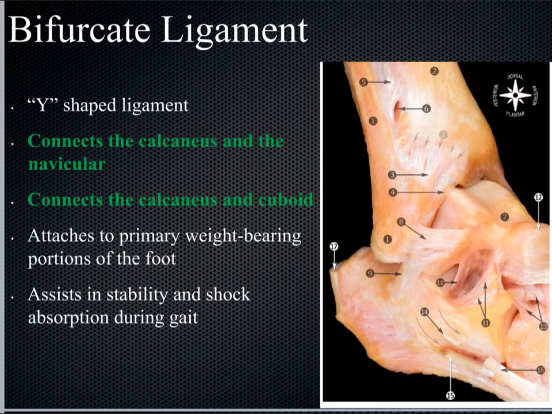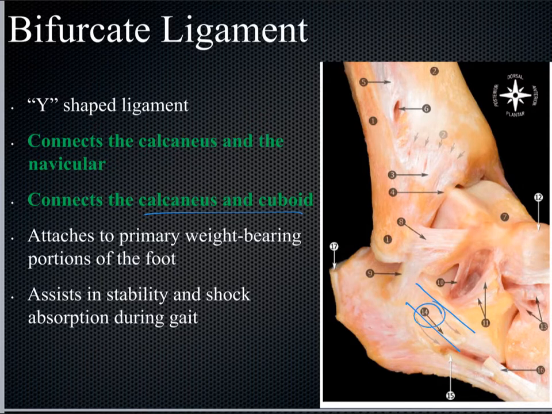And so it's called the bifurcate ligament, but a lot of anatomists also call it the Y-shaped ligament. It's a Y-shaped ligament for this reason, and it has to do with the anatomical structures that it's connecting. So the first part of this ligament will connect the calcaneus to the cuboid. So since we're on the lateral side of the foot, I went with that first. So it's going to have a connection to the calcaneus and the cuboid.